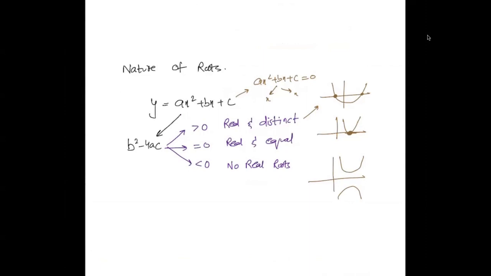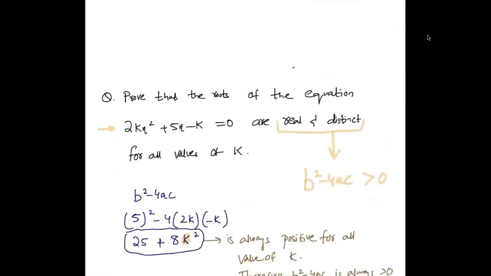But right now, if I ask you whether an equation will have real and distinct roots, you are going to apply b square minus 4ac on this equation and calculate the value. If the value of the discriminant is greater than 0, you are going to say that the roots are real and distinct, which means that if you were to solve this equation, you will have two different roots, like we did over here.